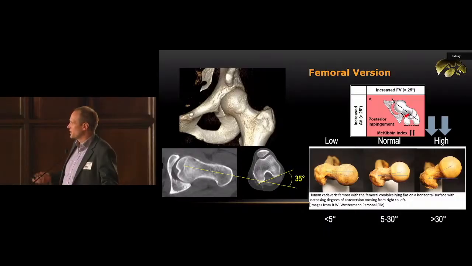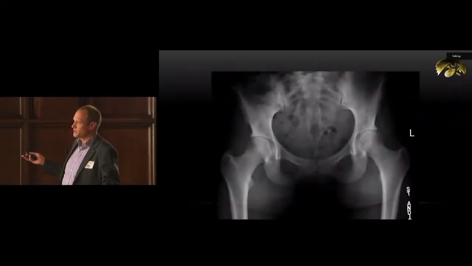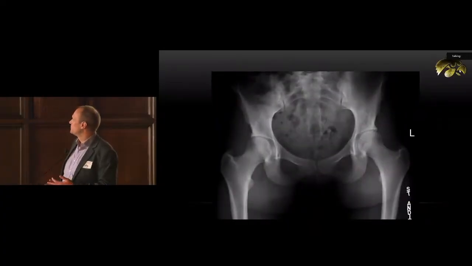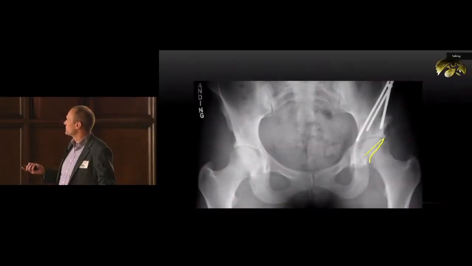I think she's borderline based on lateral center edge angle, but more dysplastic based on her anterior undercoverage. So for this patient, with high femoral anteversion, potential hypermobility, borderline hip dysplasia and anterior undercoverage, this is a patient that we treat with PAO.